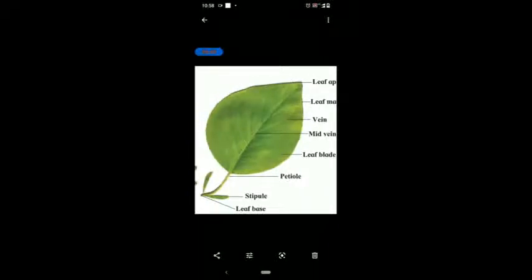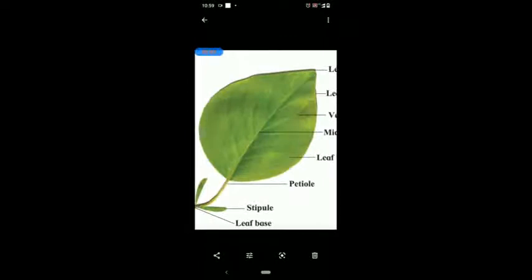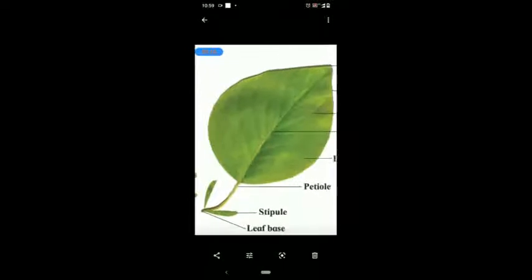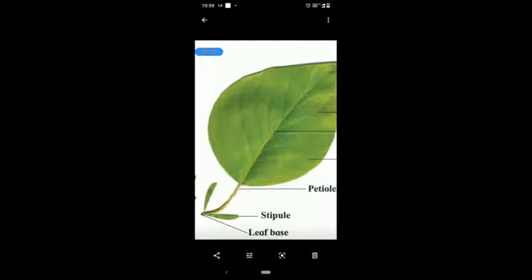Now some leaves have small leaf-like structures near the nodes. These are called stipules. Not all plants contain these, only a few plants do.